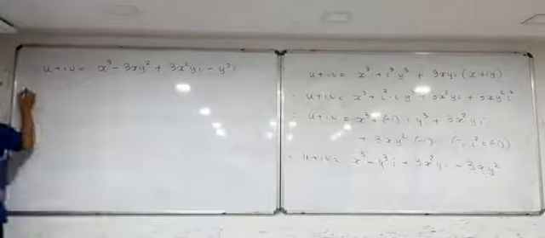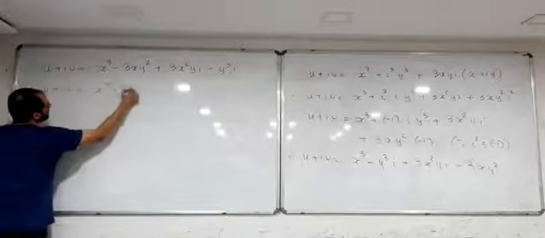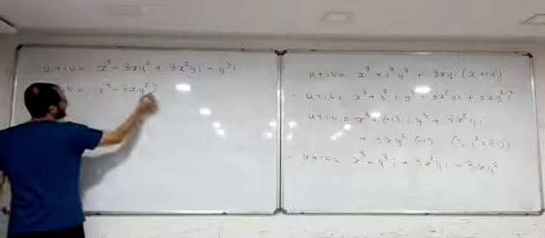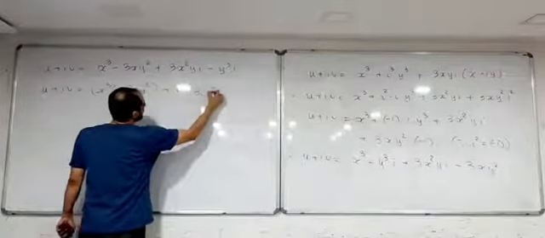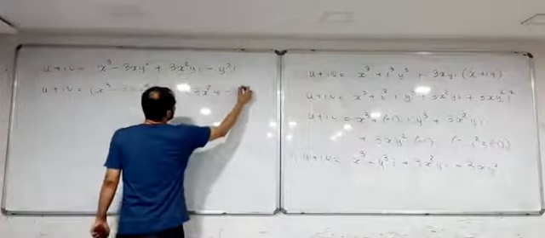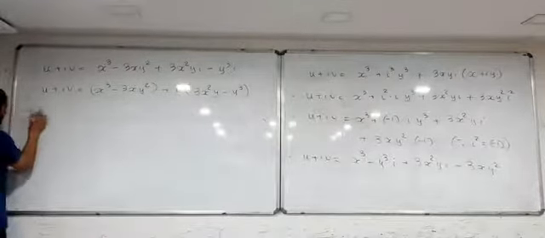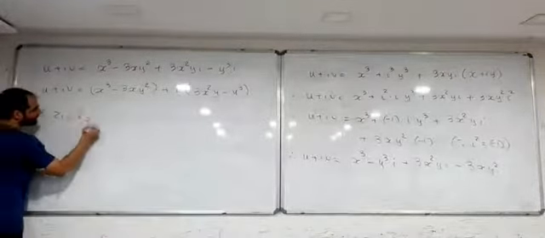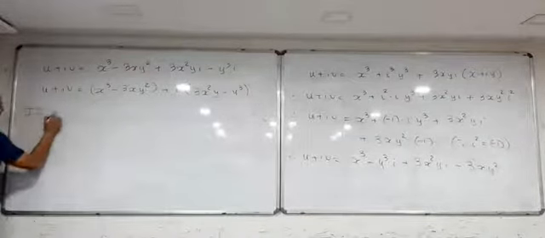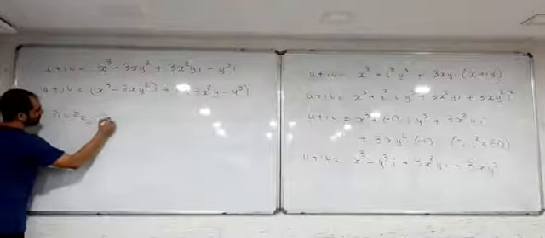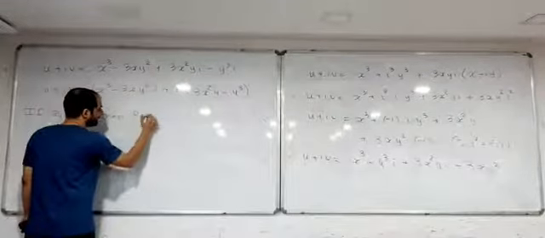Can I write this as u plus ib is equal to x cube minus 3x y square plus i into 3x square y minus y cube? Now if two complex numbers are equal, if z1 is equal to z2, then can we write real part of z1?